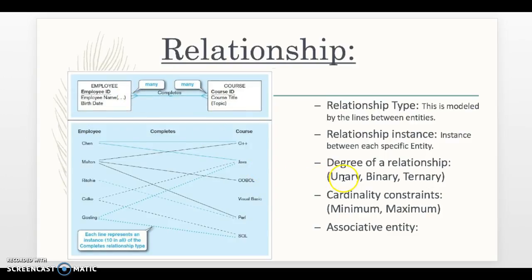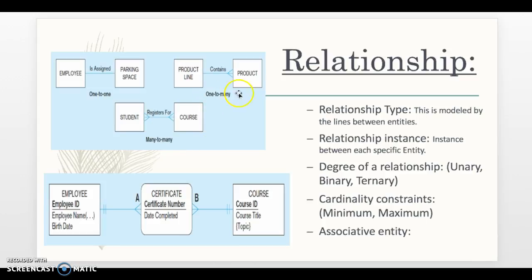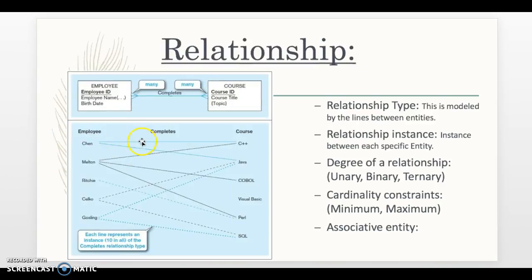That brings us to the degree of relationship types, which is expressed right here: one-to-many, many-to-many, or one-to-one. Where is one-to-one? Here, one-to-one.